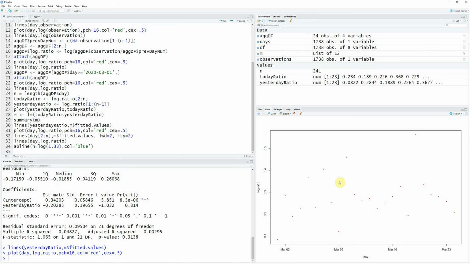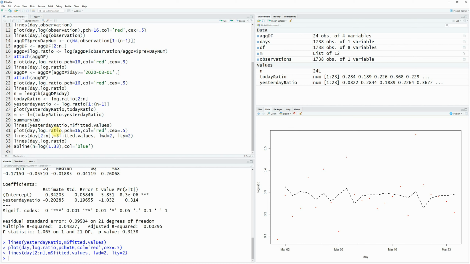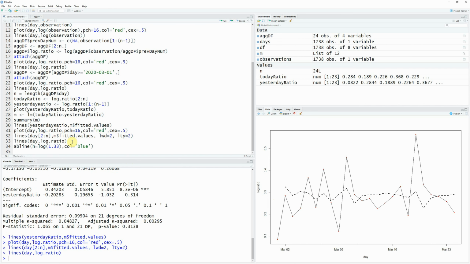Now I have the points and I have the prediction. This is basically the prediction coming from that model. You can see that it's hovering around 0.3, a log ratio of 0.3, and I can actually have the actual values shown over there too.